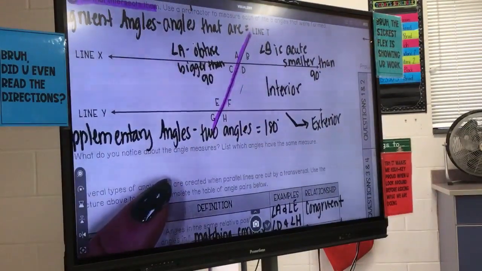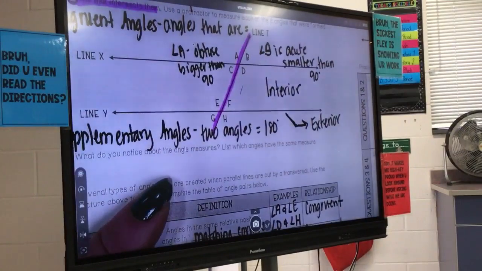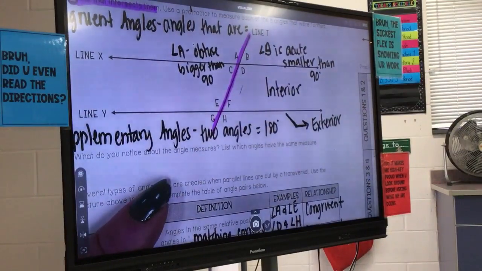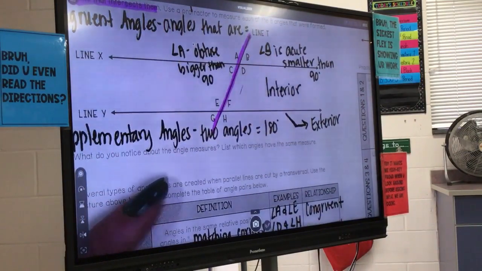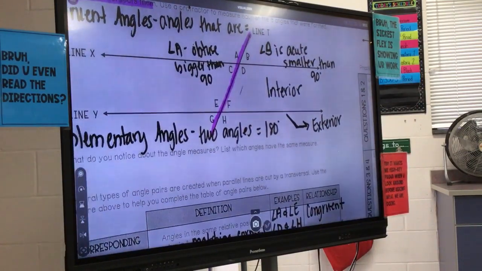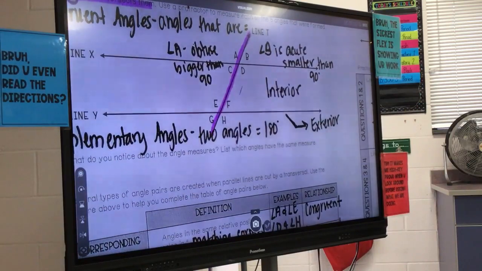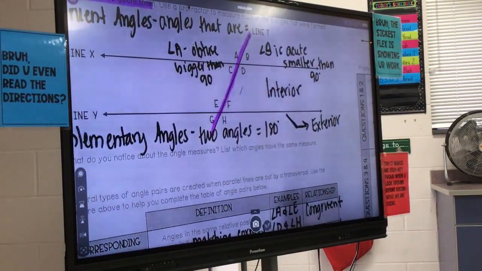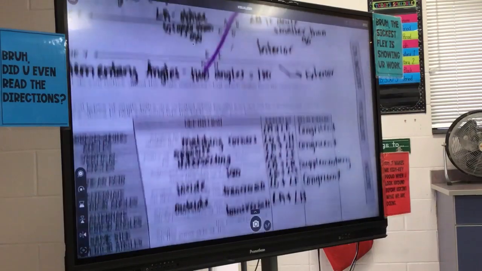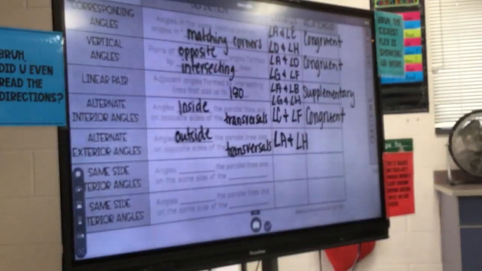And these are angles outside the parallel lines and opposite sides of the transversal. This would be angle A and angle H. Sorry, you can't see that. So angle A and angle H.